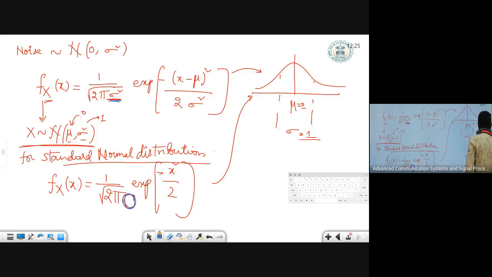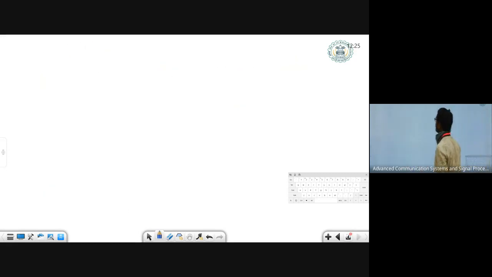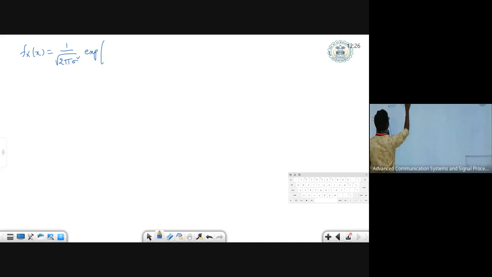So for our problem, the probability density function f x of x, or the probability density function of the noise, is 1 upon root 2 pi sigma square exponential of minus x square by 2 sigma square. Actually, one more modification is required over here.